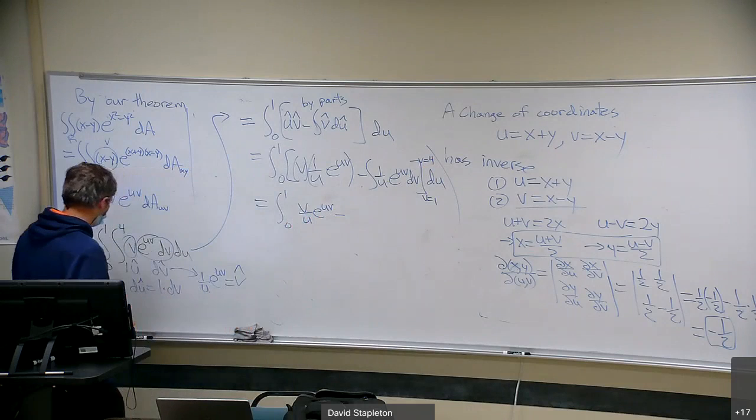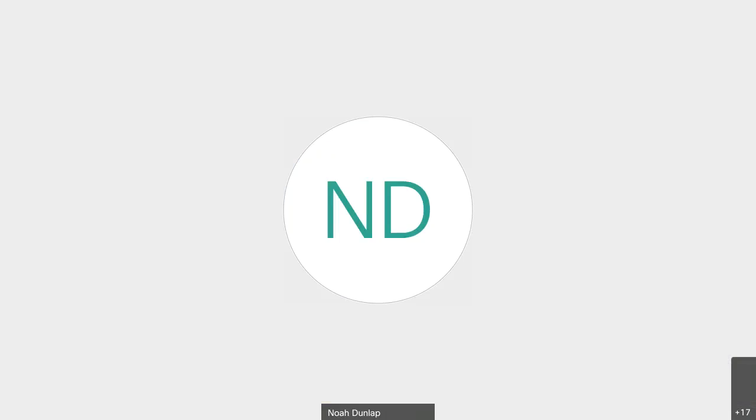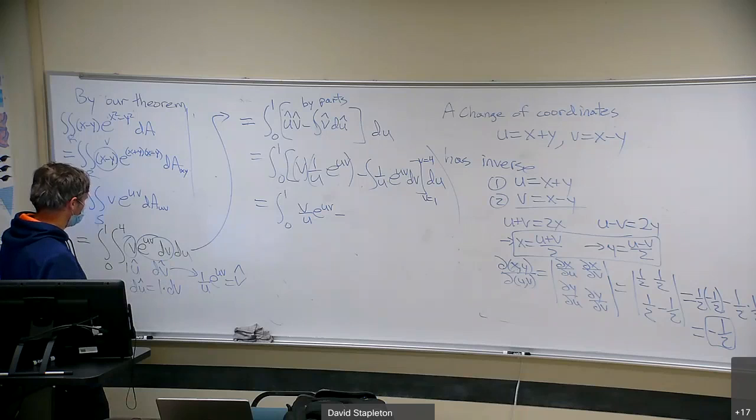Should have done this in the other order. Could you just switch which variable you were integrating with respect to first? Yeah, maybe I should have integrated with respect to u first. I need to switch it up now, but I think it'd be a little easier.